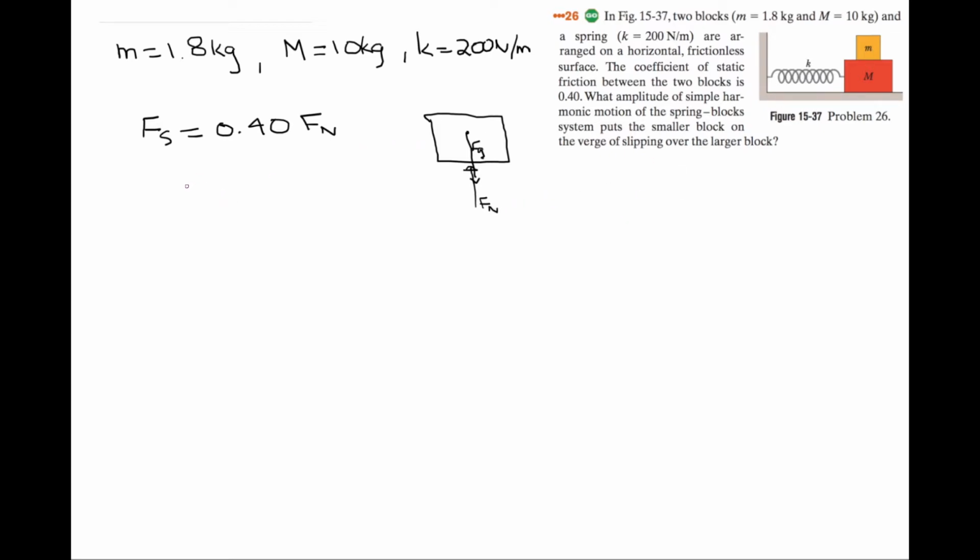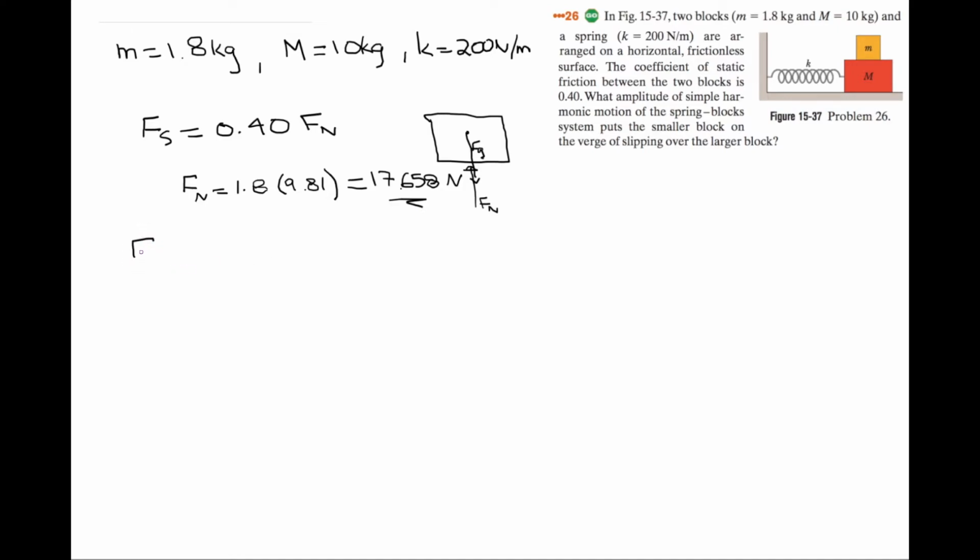So we can see that Fn is equal to the force of gravity. Then Fn is equal to 1.8 times 9.81, which is 17.658 newtons. So this is what Fn is.